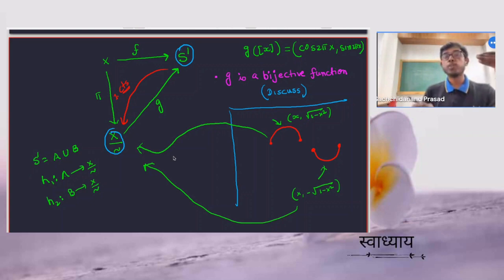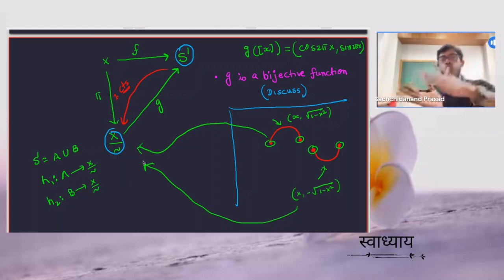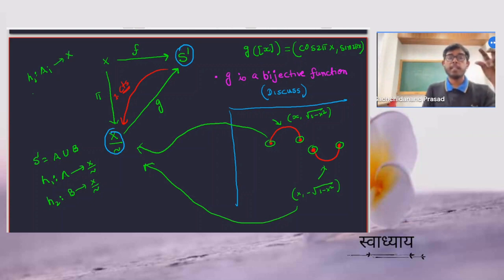Now you see that these are the points which are in the intersection, and on these points H1 and H2 match. Therefore by the pasting lemma, if Hi is a map from Ai to X such that the Hi match on the intersections, then I can define H on the union of the Ai's, and that's a continuous map.